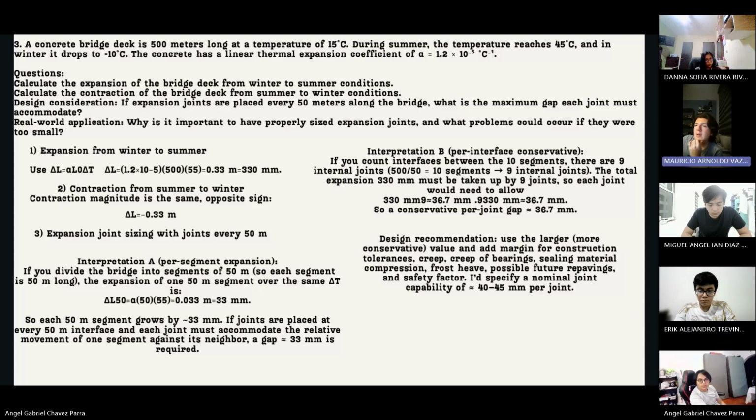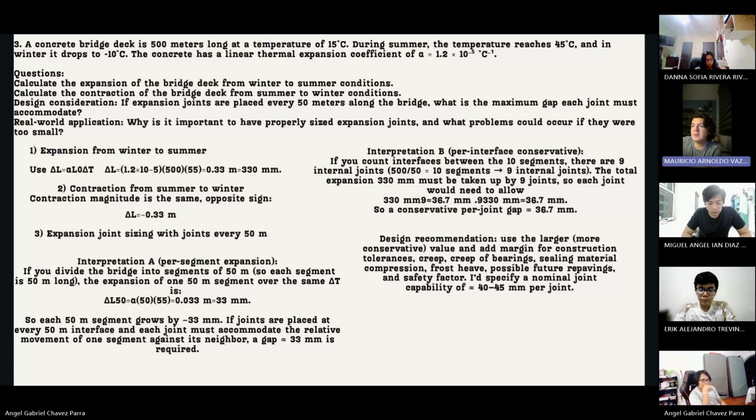Question. Calculate the expansion of the bridge deck from winter to summer conditions. Calculate the contraction of the bridge deck from summer to winter conditions.